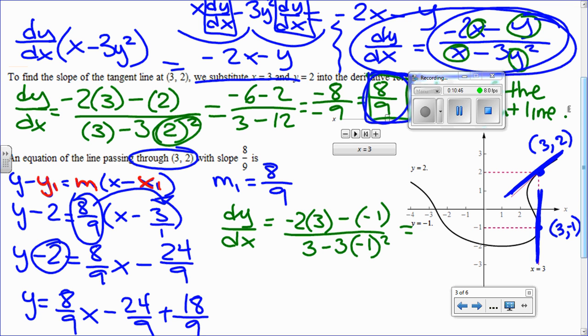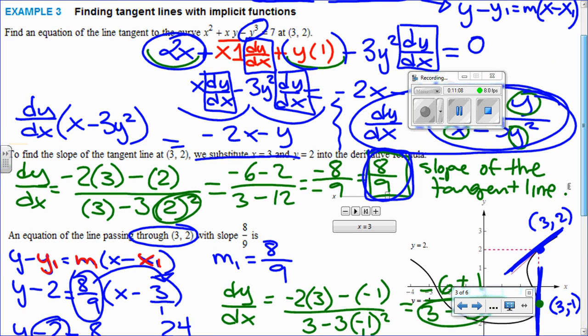So you get a 3 minus 3, which is 0, right? And then the denominator will be 0. So that means that at that particular point, the equation does not have a derivative.